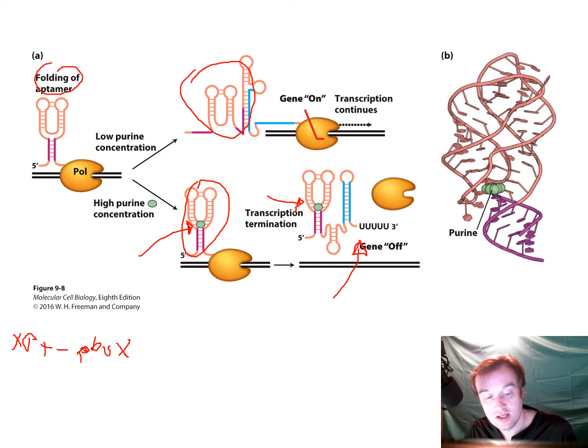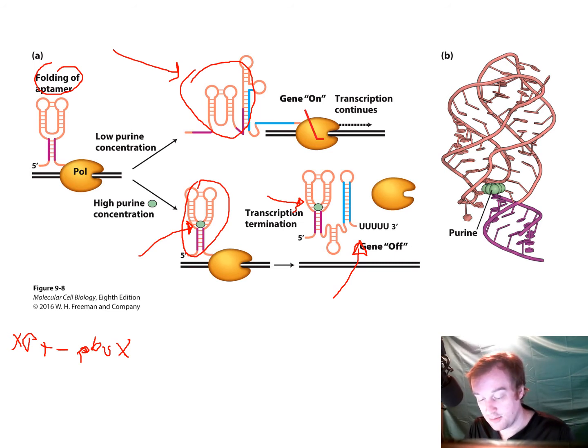When the purine concentration is low, there's an alternative RNA structure, which we have right up here at the top. This prevents formation of that transcription termination signal, that stem loop followed by a bunch of U's. And that leads to increased transcription of the operon.